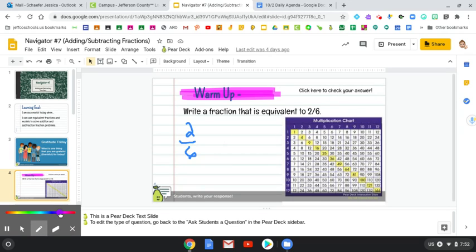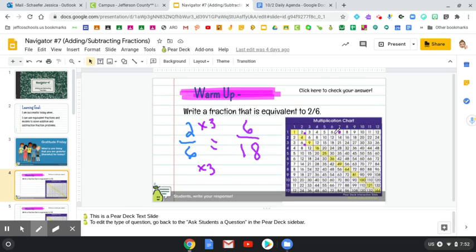So let's say I want to multiply. Doesn't matter what I multiply by. Let's say I'm going to multiply them each by 3. What I do to the bottom, I'm going to do to the top, and vice versa. What I do to the top, I'm going to do to the bottom. 2 times 3 would become 6, and 6 times 3 would become 18. So if I look at my original fraction, 2 and 6 were right here. 6 and 18 should be in those same rows together as well.